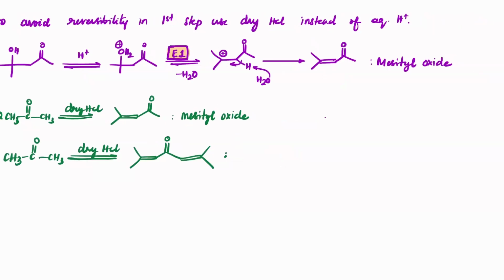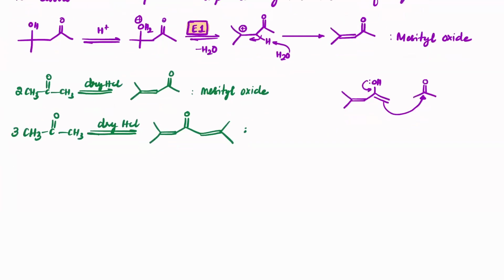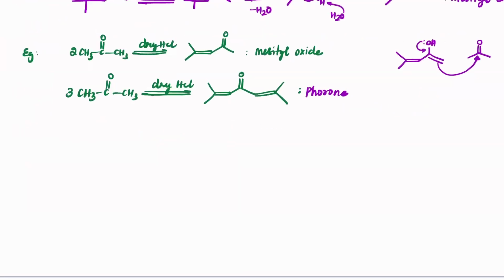If you have a double bond here, and from this side the enol attack will take place. On a ketone here, double bond O like this, this is the enol form on the right hand side. This will push here, the pi bond will attack here, and thereafter elimination will take place. So this is a 3 mole group, called phorone. The common name is phorone.